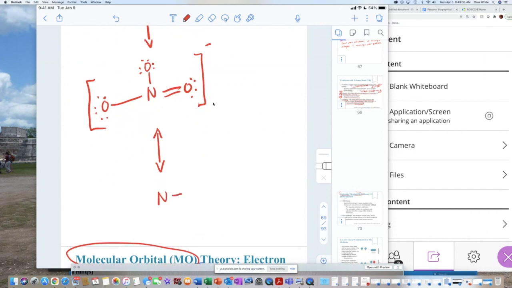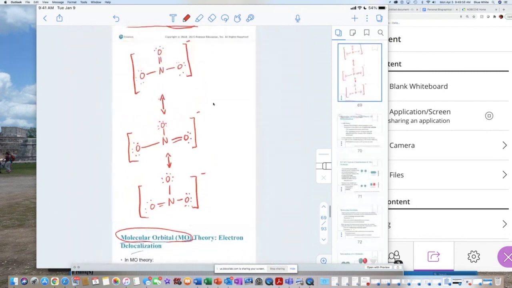Okay, so from these, oops, I need more space up here. From these 3 Lewis structures that are all resonance structures of nitrate, what we end up with is a resonance hybrid. And the resonance hybrid reconciles or averages out these 3 Lewis structures.